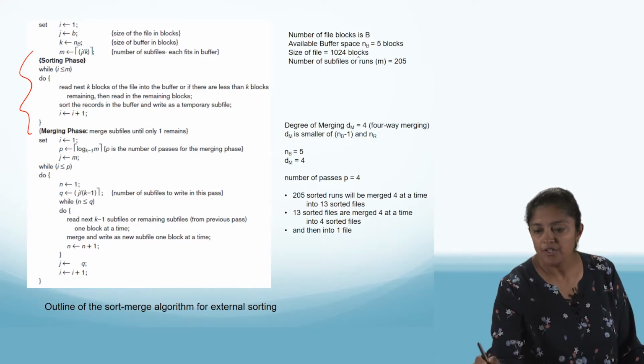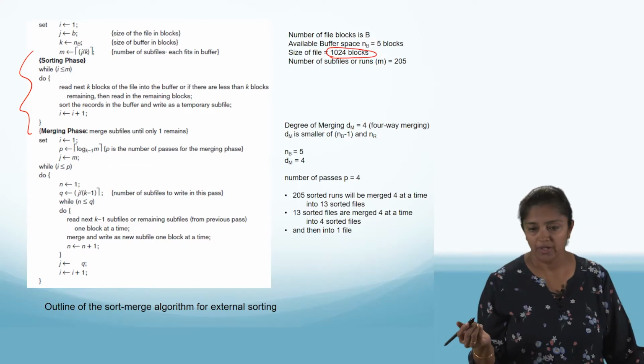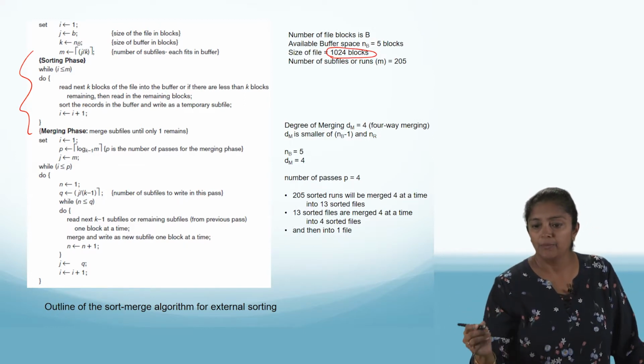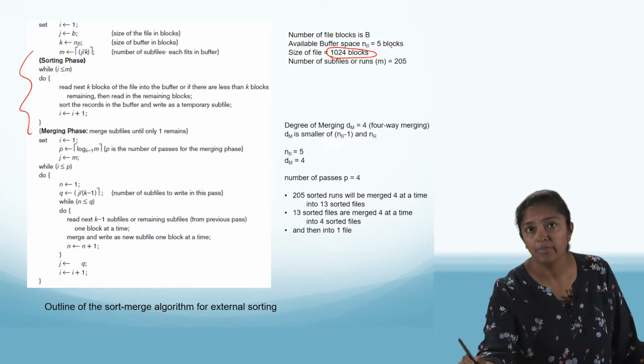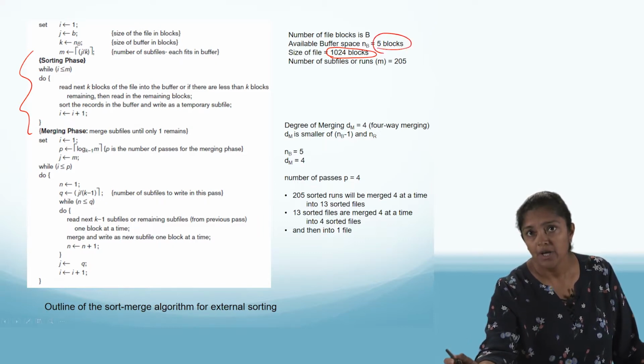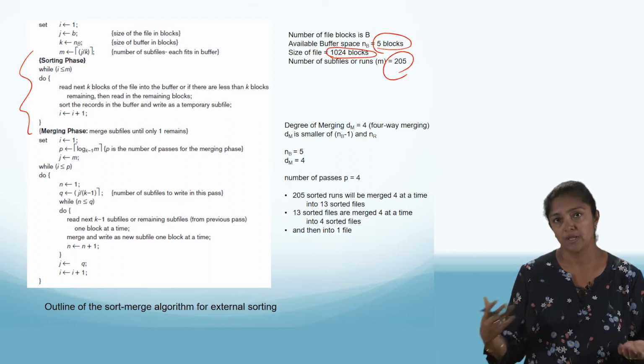Say we have a large file broken up into multiple blocks. Say there are 1024 blocks in the file, and the given buffer space can handle 5 blocks at a time. The number of subfiles or runs will be 1024 divided by 5, so we need about 205 subfiles.